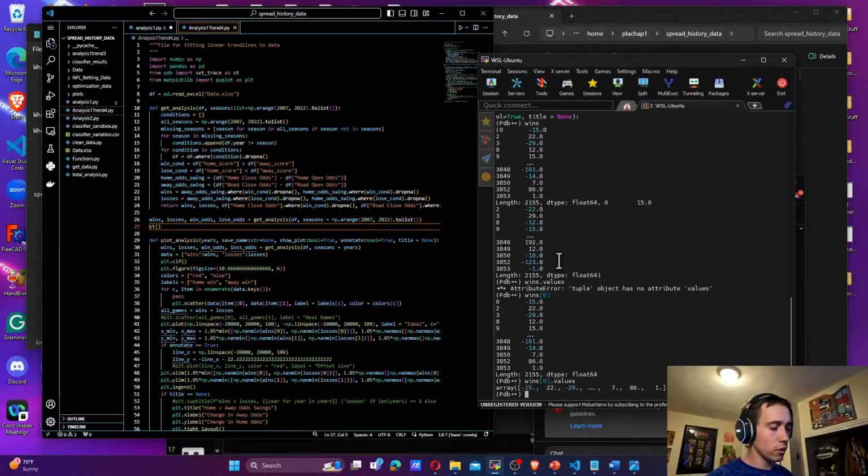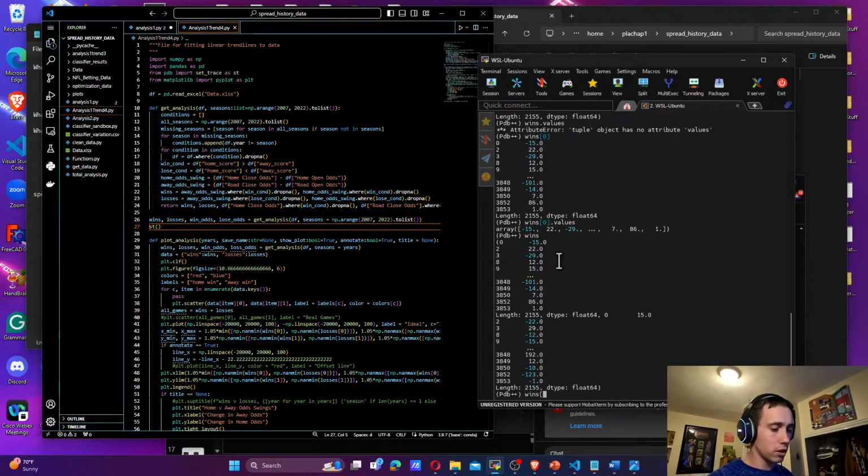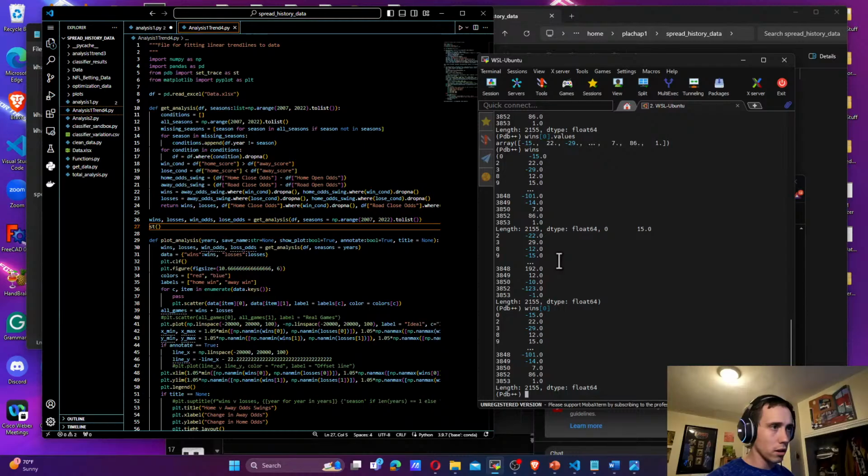So wins of 0. Okay, so let's think. The 0 column of each is the swing for the away team, and the 1 column of each is the swing for the home team.